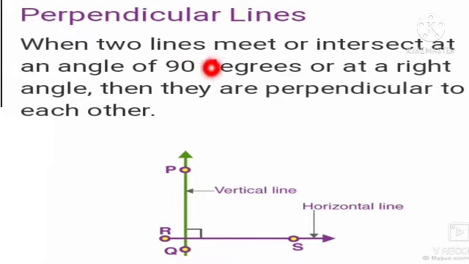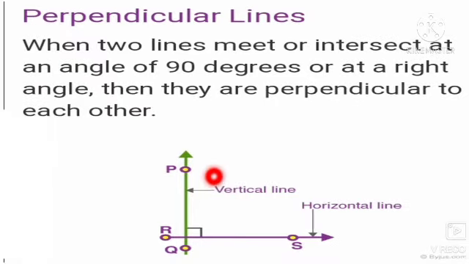Perpendicular lines. When two lines meet or intersect at an angle of 90 degrees or at a right angle, then they are called perpendicular to each other. The lines are called perpendicular lines. Here the line PQ is perpendicular to RS.